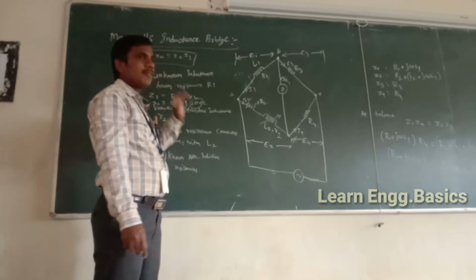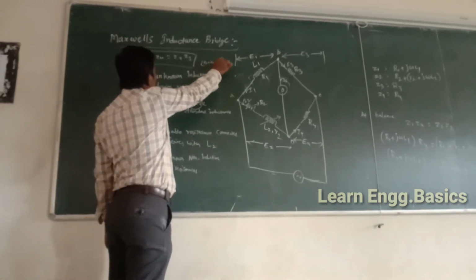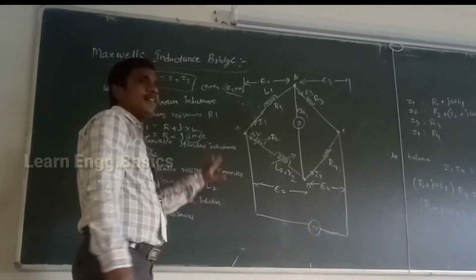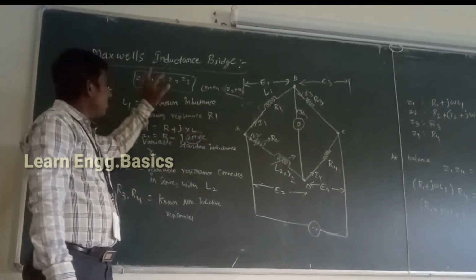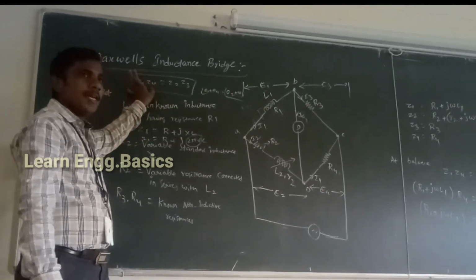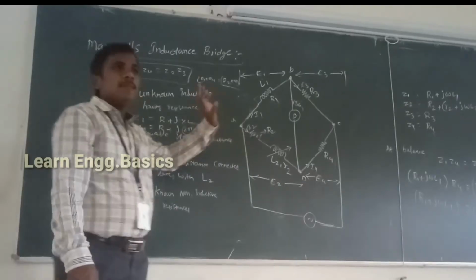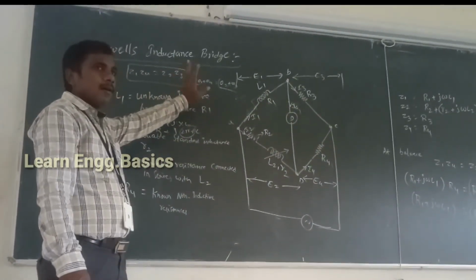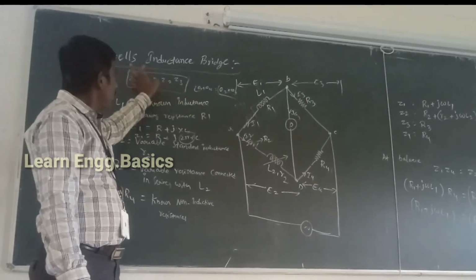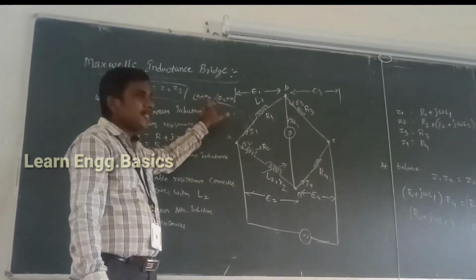Another balance equation is theta 1 plus theta 4 equal to theta 2 plus theta 3, that is, the phase angles must also be the same.